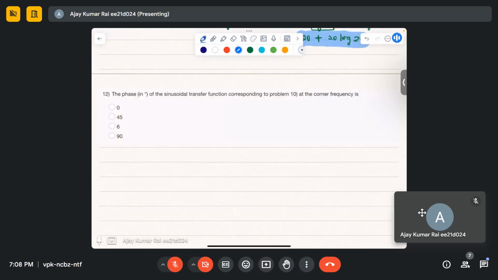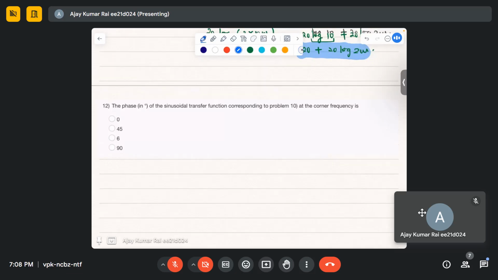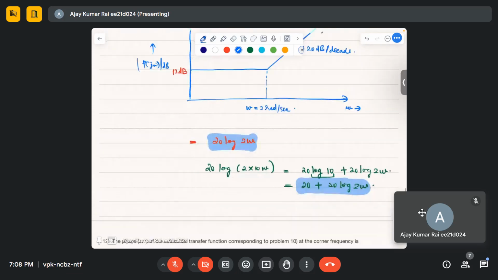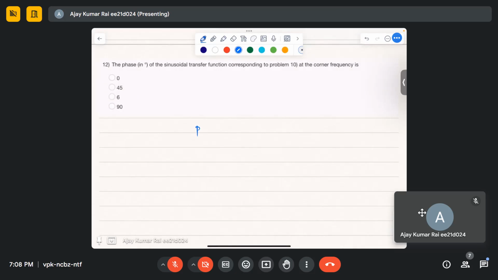So the phase of the sinusoidal transfer function corresponding to problem 10 at the corner frequency. This is the transfer function 2s plus 4. Sinusoidal transfer function is this, and we have to find the phase. How to find the phase?